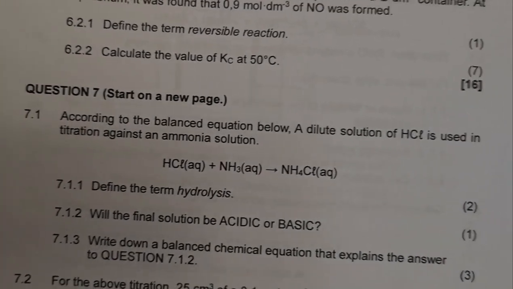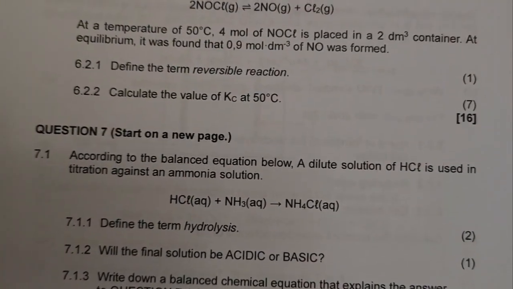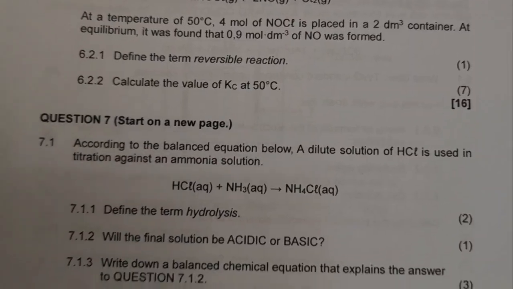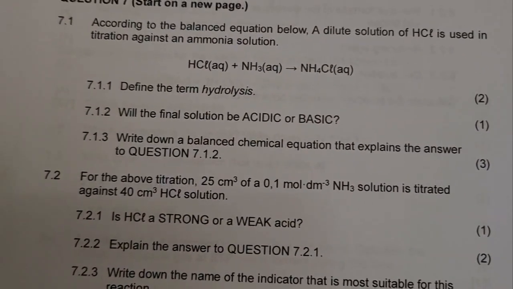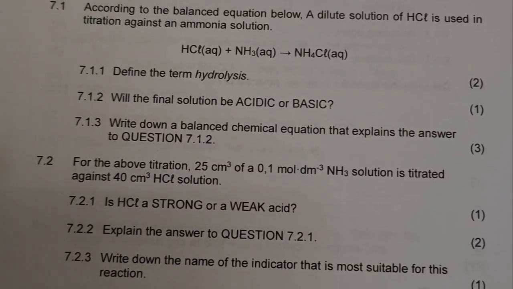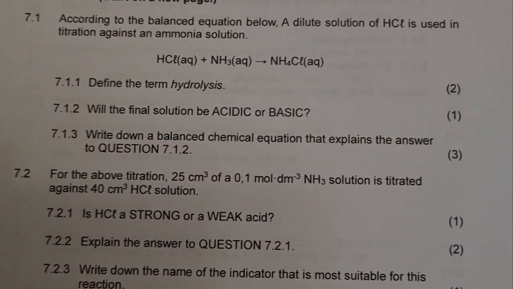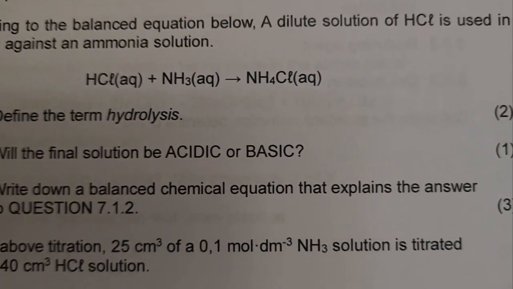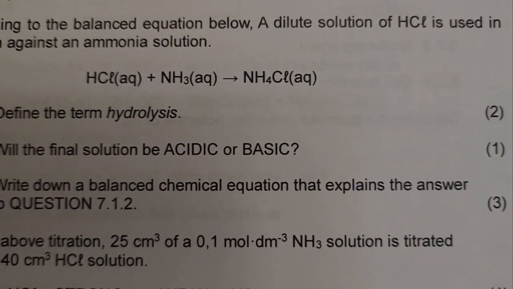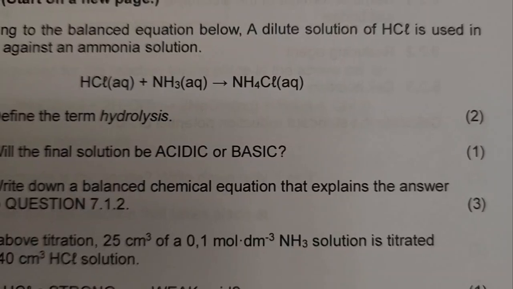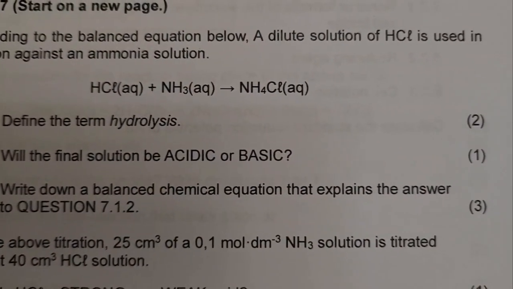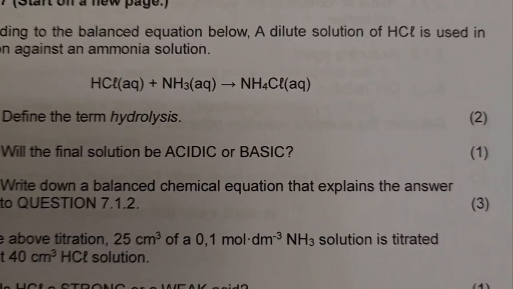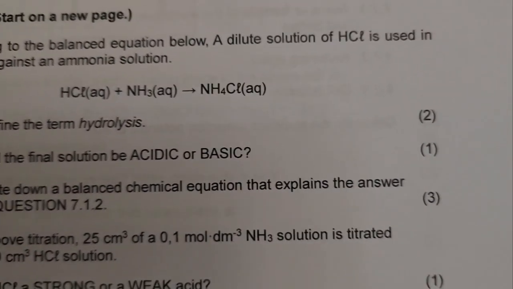Now the next one, 7.1.2: will the final solution be acidic or basic? Our analysis is that if we are reacting a strong acid, which is HCl, and a weak base, which is ammonia, the product will always incline towards the strong part, therefore it will be slightly acidic.